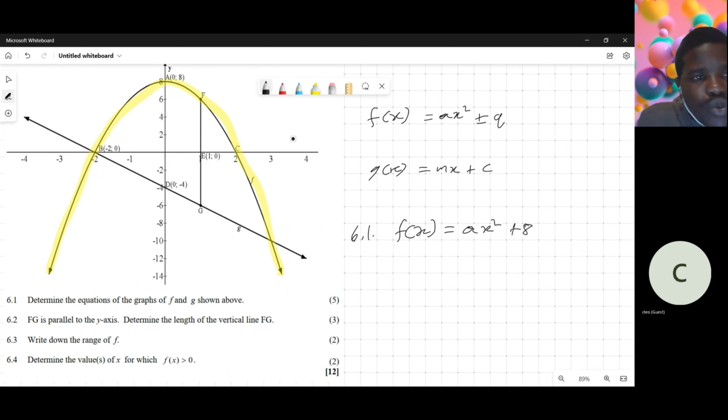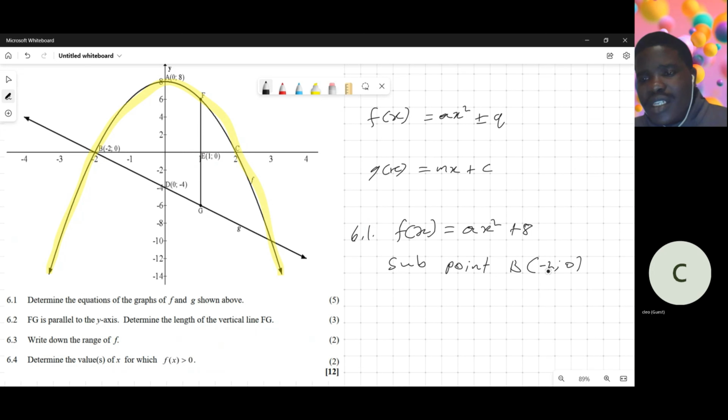Then let's substitute point B. Point B, which is what? -2 and 0. So what we see in point B is that x is -2 and the value of y is 0.